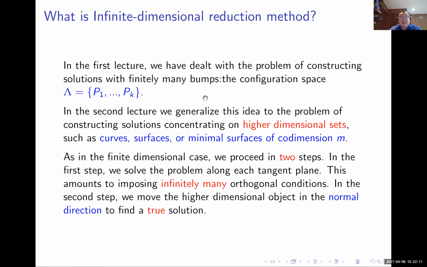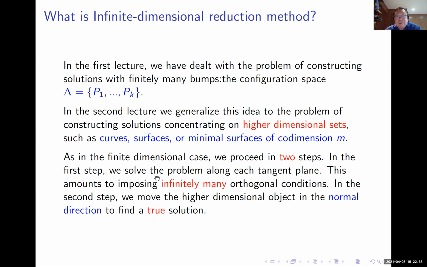So in the second lecture, we'll generalize this idea to the problem of constructing solutions concentrating on high dimensional cells, such as curves, surfaces, or minimal surfaces of codimension 1 or codimension 2. Now, as in the finite dimensional case, we proceed in two steps.